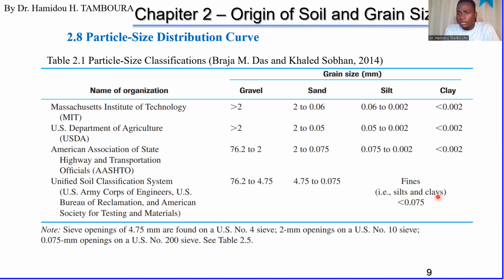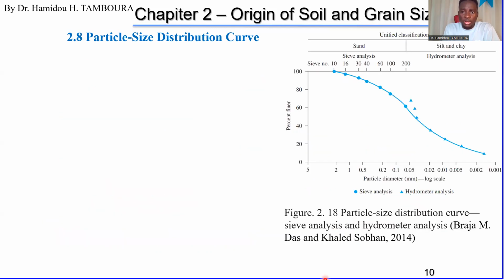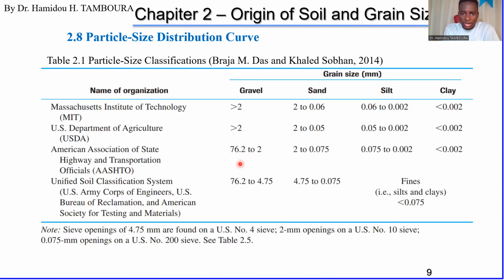The system doesn't give any difference between silt and clay. Just after 0.075, we consider this as fines. So we are going to use this system to find the percentage of gravel, sand, and fines in the previous curve.